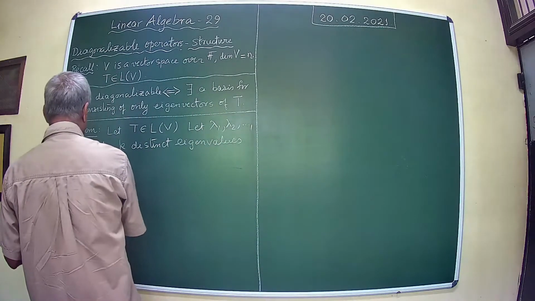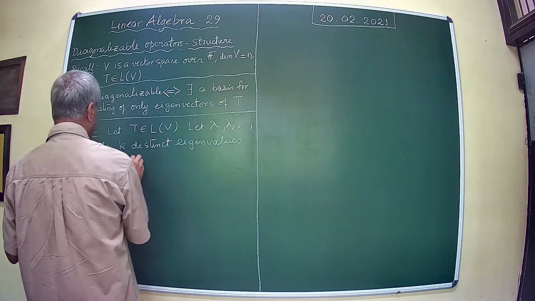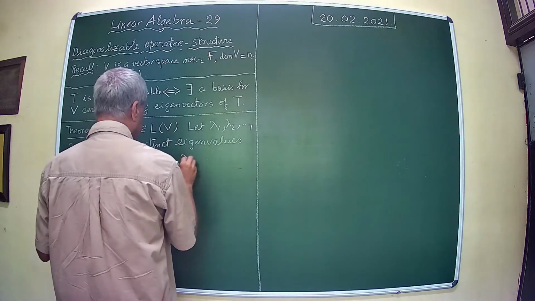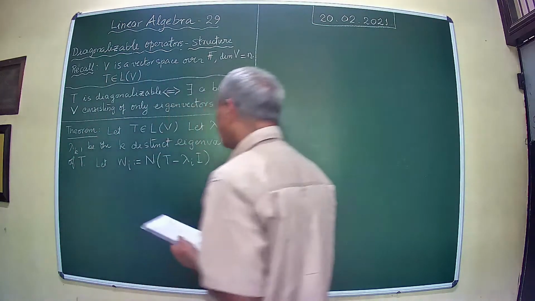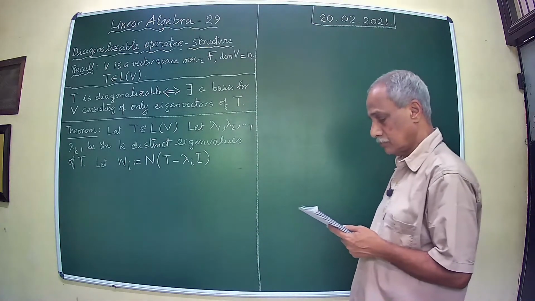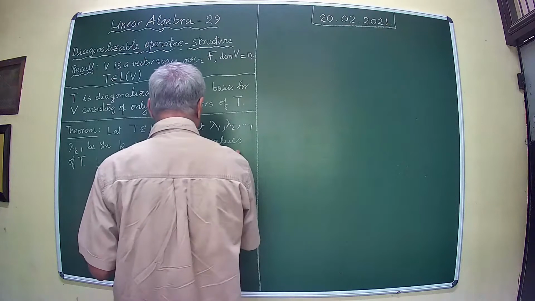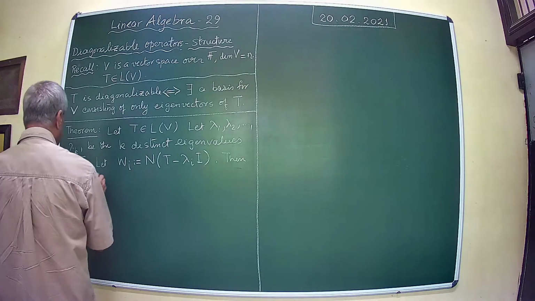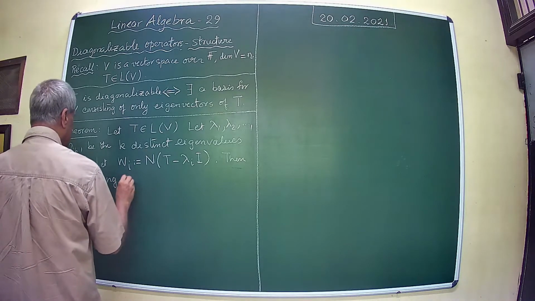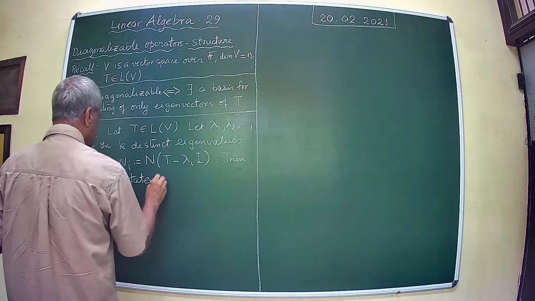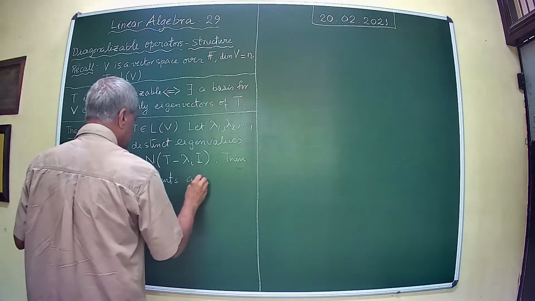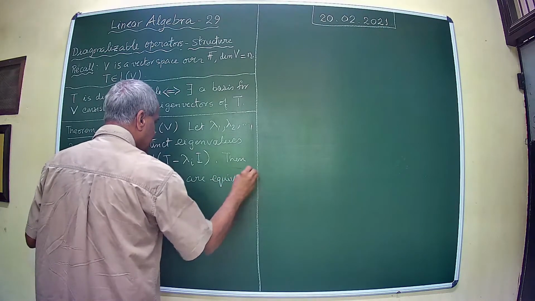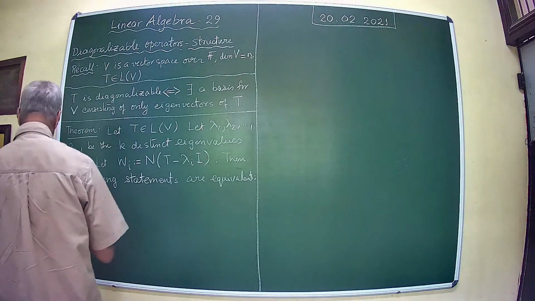Let Wi be defined as the null space of T minus lambda i I. Then the following are equivalent. The following statements are: the first statement is T is diagonalizable.